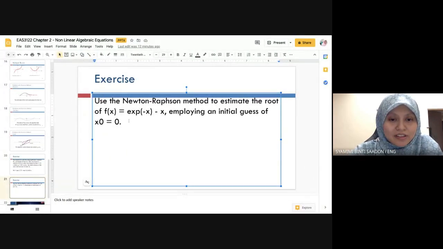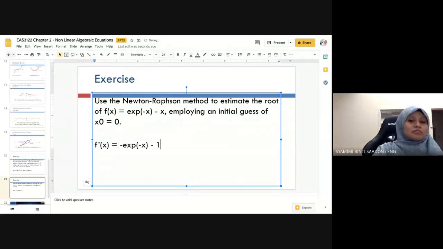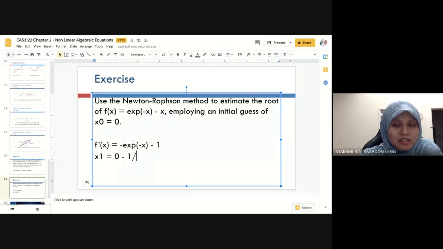So for this first round, x1 will be x0, which is 0, minus f(x), which is exponential 0, which is 1, minus 0, so 1, over f prime at x0: minus 1, minus 1, which is minus 2.